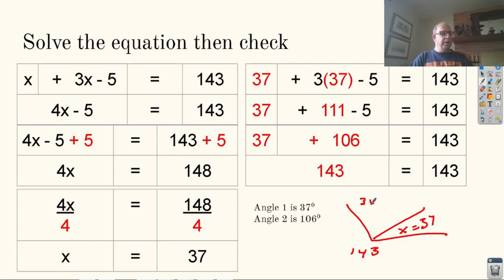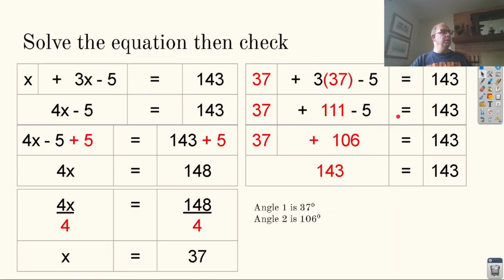This one was 3x minus 5, which we put 37 in for, and we get 106. 3 times 37 minus 5 is 111, minus 5 is 106. So my two angles are 37 degrees and 106 degrees. Okay?